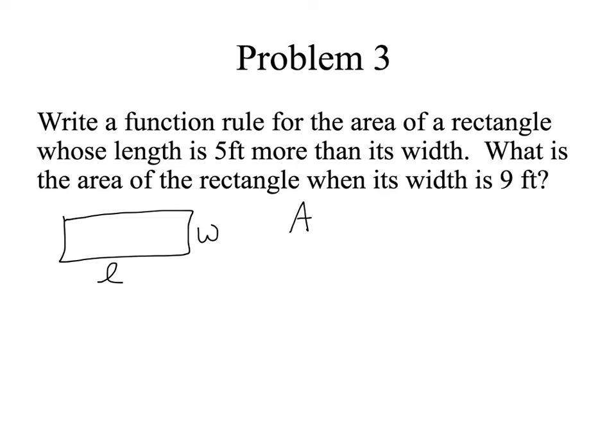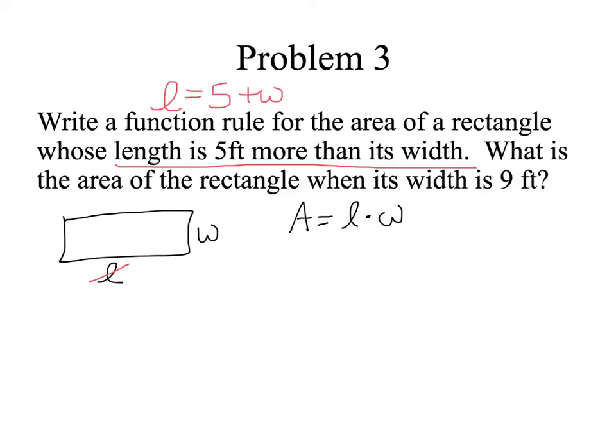Okay, so write a function rule for the area of a rectangle. So you know that area is length times width. Okay, but this is a specific rectangle whose length is 5 more than its width. So instead of this variable being L, we're going to replace the L because it says right here the length is, so L equals 5 more than the width.